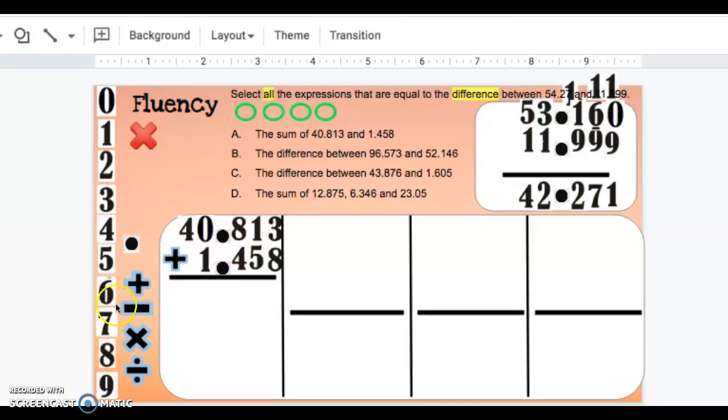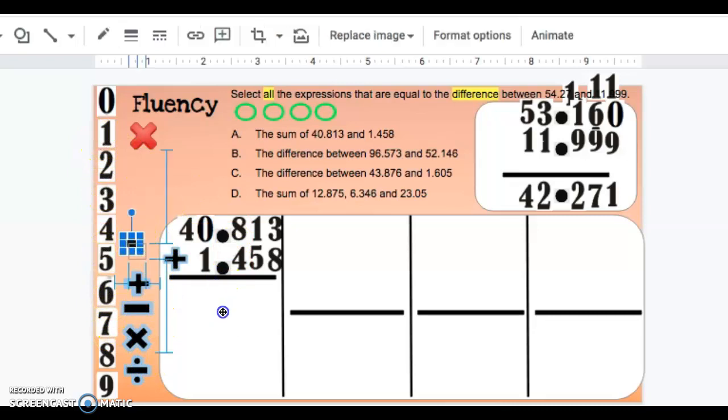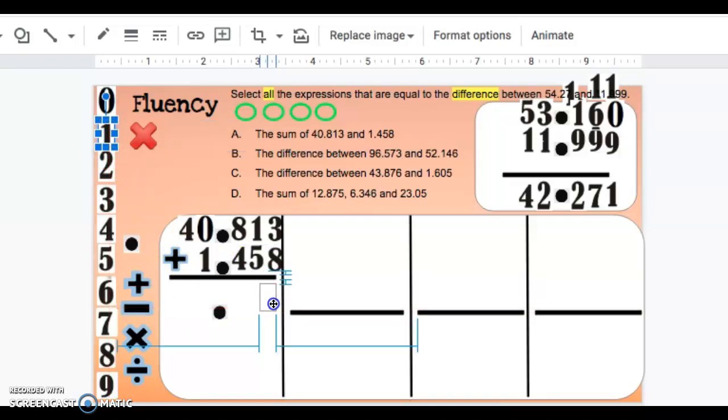So I have 8 plus 3. Before I start adding, drop my decimal point down like it's hot, drop it down. 8 plus 3 is 11. So put my 1. I'm going to bring that decimal point up.